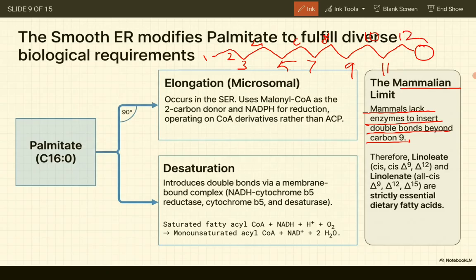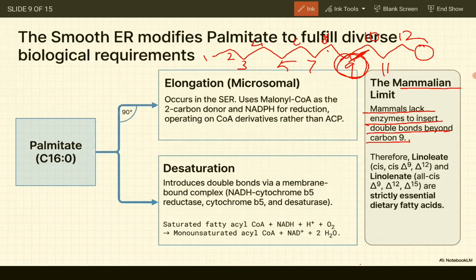So this is a fatty acid chain with 12 carbons, but the mammalian structure cannot insert a double bond beyond this. After this carbon, they cannot insert a double bond.